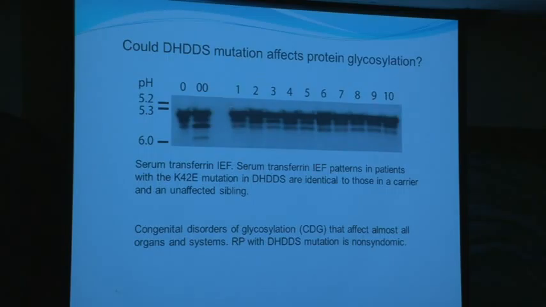So those are from family members in Miami. This is a negative control. This is a positive control. So this one has glycosylation deficiency. The other one has not. Here you've got patients 1, 2, 3, 1 carrier, 1 wild type. You don't see differences. So that's one reason we don't think it is a glycosylation problem.